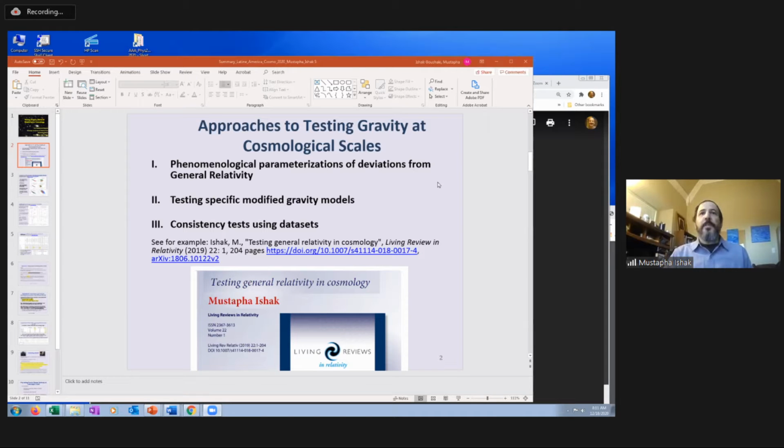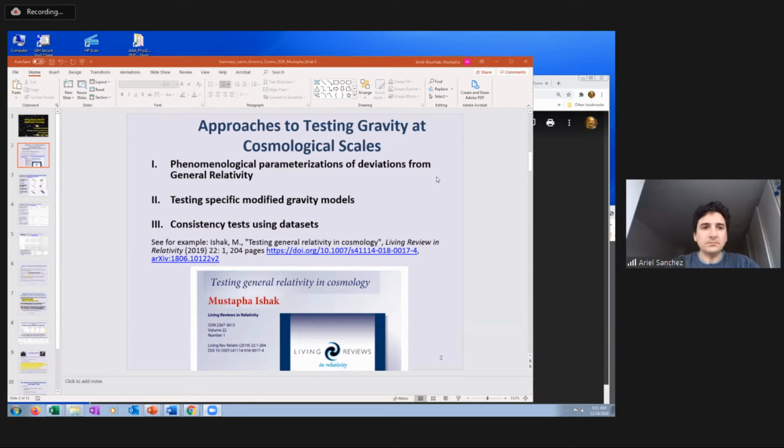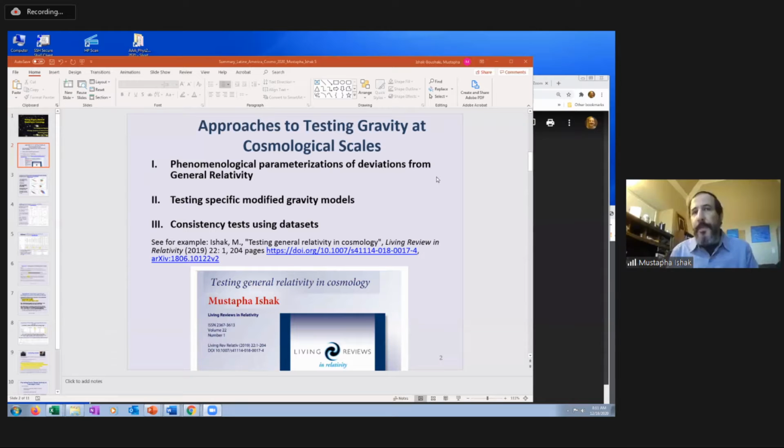So, testing GR, there are 3 methods to test GR. I talked about the motivation in my recording, but how to do that? 3 methods. The first one is to use phenomenological parameterization. We put parameters into the equations, the perturbed Einstein equations, the growth equations, and we constrain them using some data.